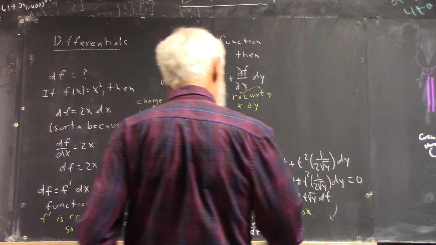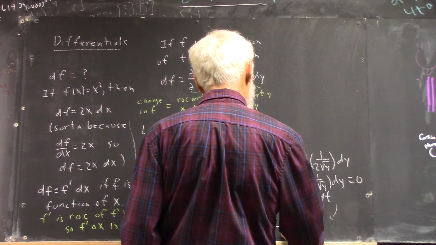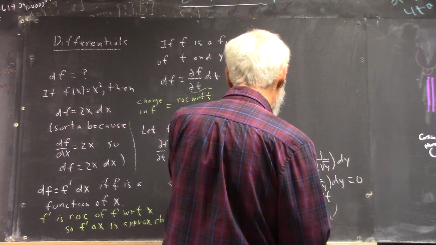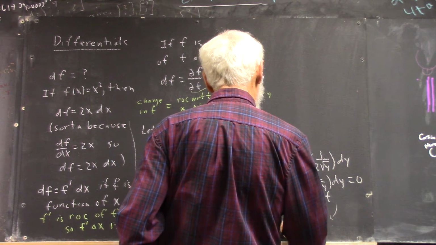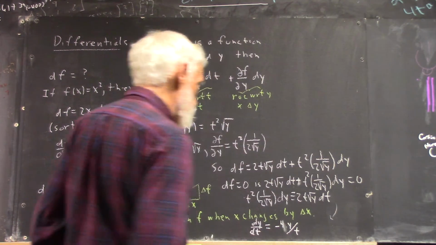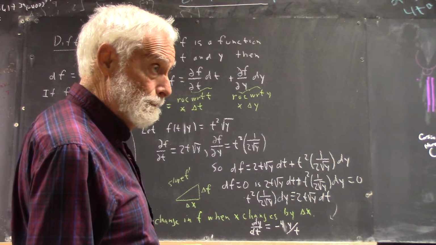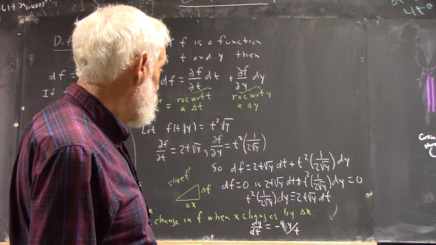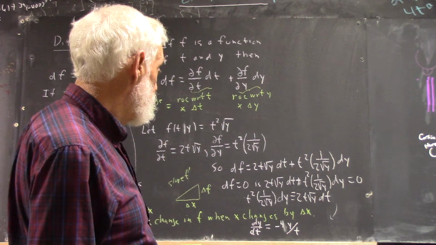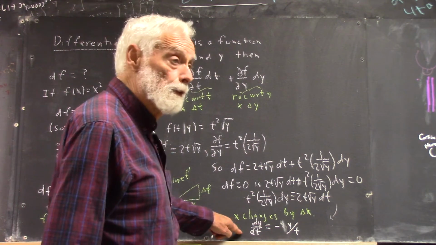And that's going to come out negative 2, no, sorry, negative 4, because I got 2 there. Negative 4y over t. Okay?